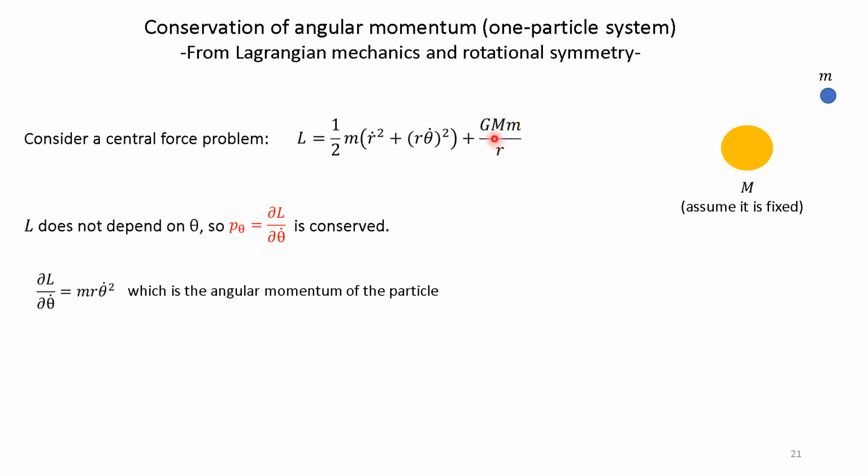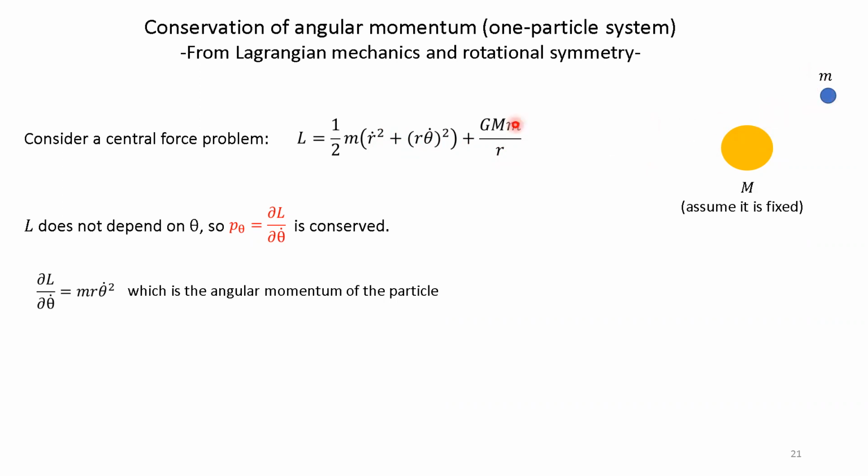And what you can notice is that this Lagrangian depends on r dot, theta dot, and r, but not theta itself, because the potential only depends on the distance between the two objects, but not the angle between them.